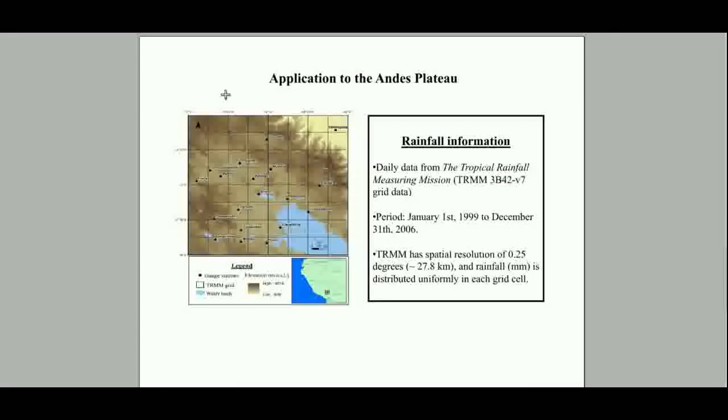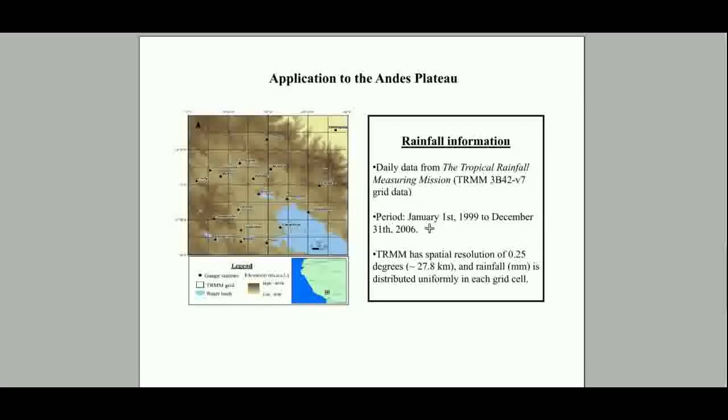Now we are going to apply this downscaling procedure to a grid of information in the Andes Plateau. We have in this area a set of stations distributed over all the area so that we can validate the method in this heterogeneous terrain. The nature of this grid of information is rainfall, and this rainfall is obtained from the Tropical Rainfall Measuring Mission.